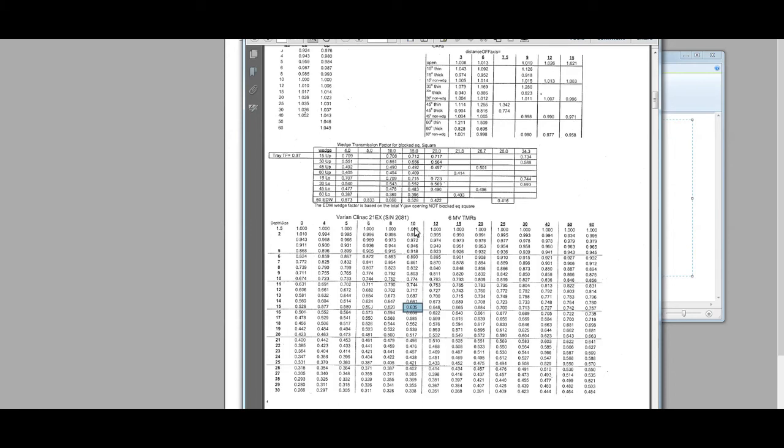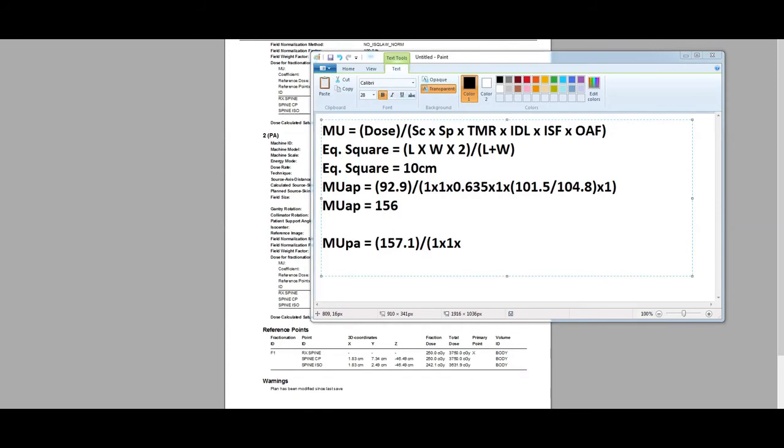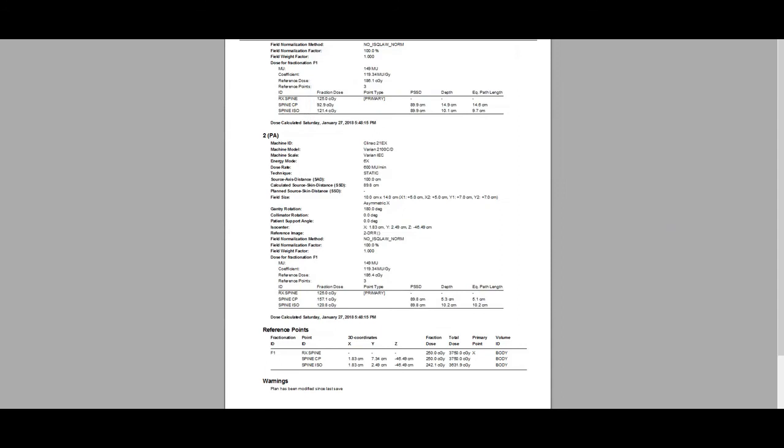Let's see, 10 centimeters, 5.3 puts me at 0.9. I'm at 100% isodose line. This time my inverse square factor is 101.5, source to calibration distance, ooh, I forgot that, divided by, this time I'm 5 centimeters closer to the source.